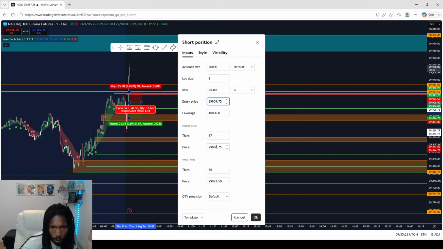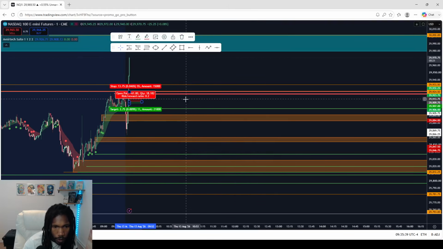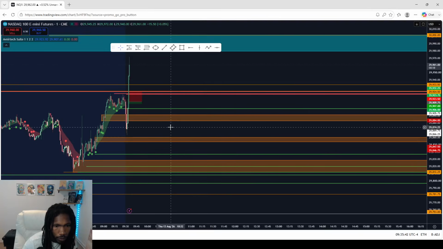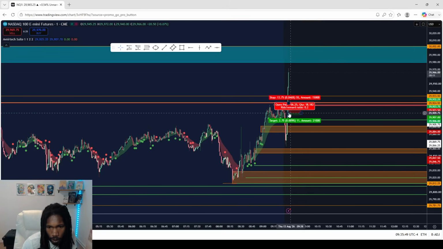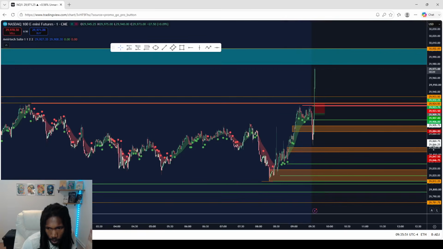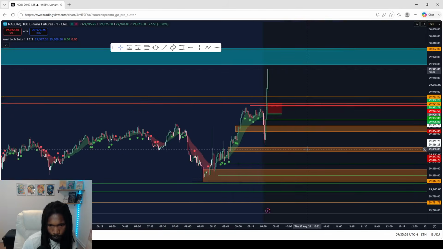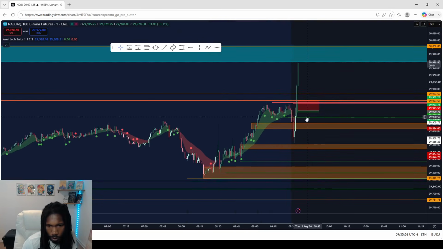So that's where we actually got out, 29907 even. Yeah, that was crazy. That was a crazy wick. We got in, we were up a bit, we had some nice profit. As you can see, we got wicked in at our entry.